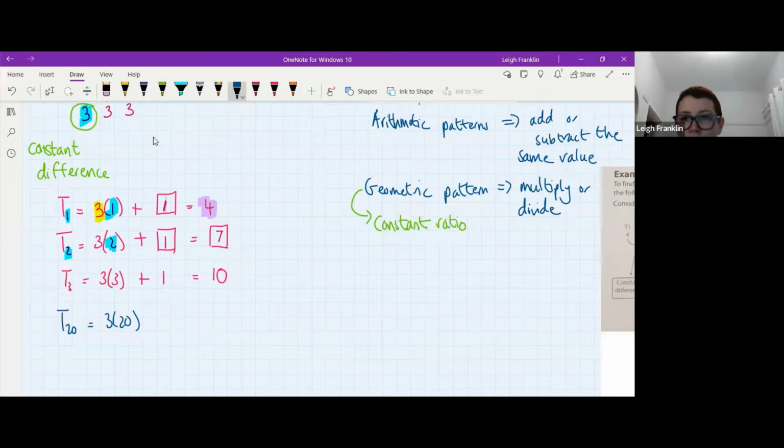We've still got to remember that we have to add 1. That's it. Okay, lovely. So in this case, the 20th term is going to be equal to 61. Remember you've got to say 20 times 3 plus 1. Okay, so that will give us 61.